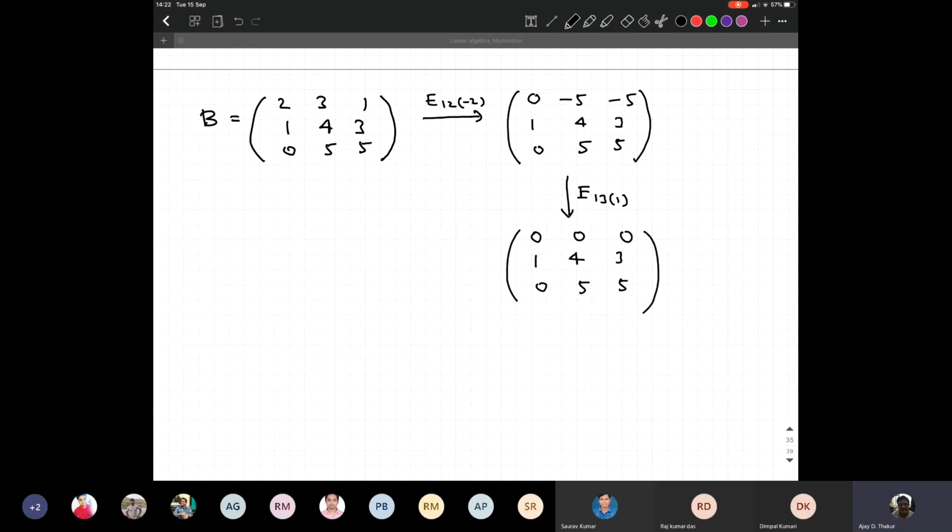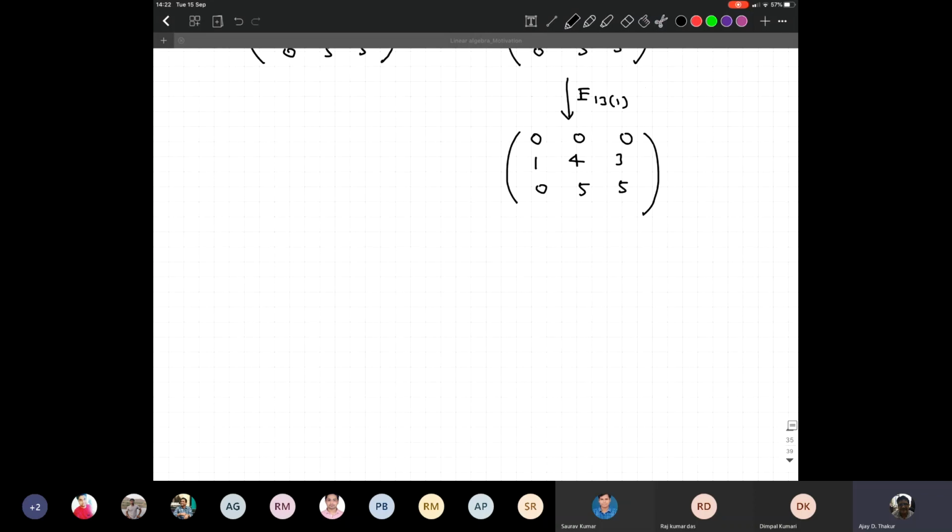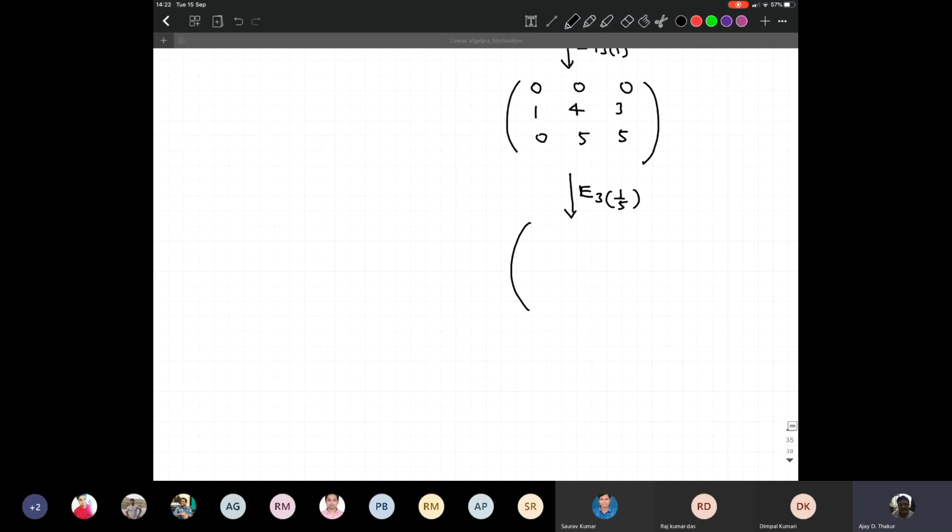So in order to reduce it to row echelon form, we may have to do some row exchanges. So that we will do soon. But let's just continue with whatever comes to mind immediately. So let's do E3 1 by 5. So this is like multiplying the third row by 1 by 5. So this is like 0 0 0 1 4 3 0 1 1.